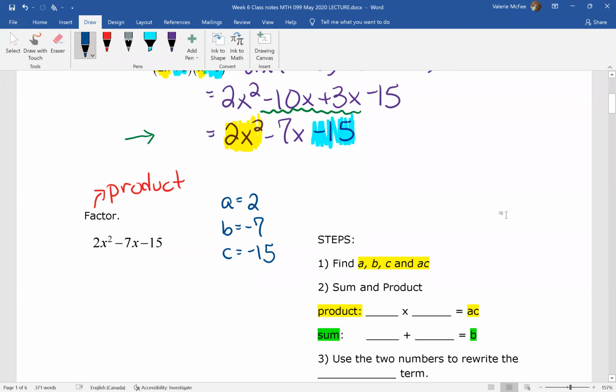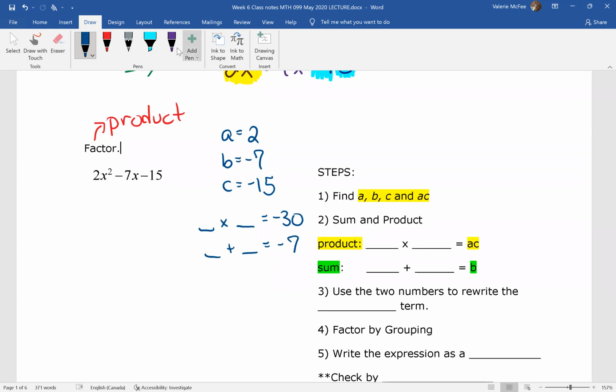So in the case of this question, we want two numbers that have a product of a times c, that's negative 30, and a sum of b, or negative 7. Remember what we said about those sheets. If you don't know what the numbers are, you're going to want to list the factors of your product.